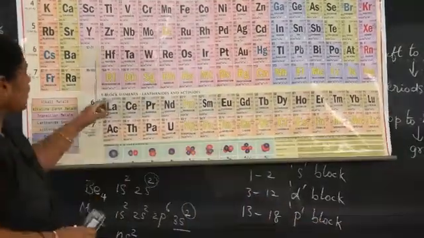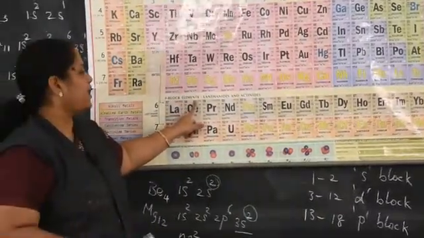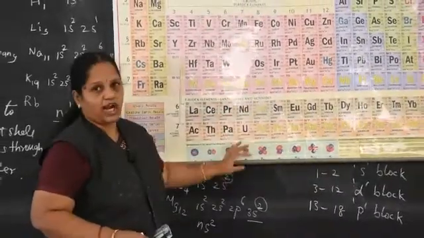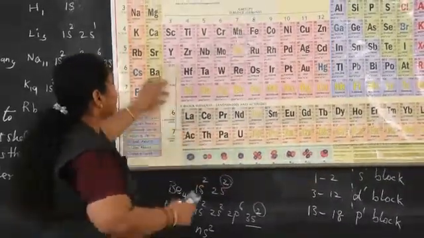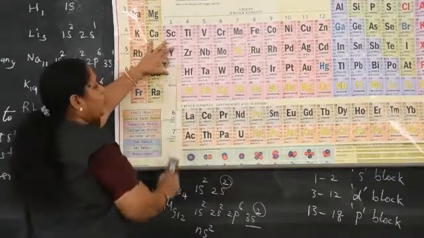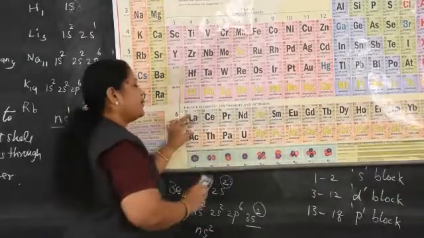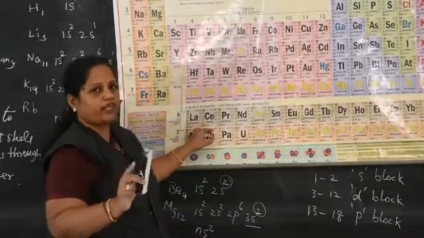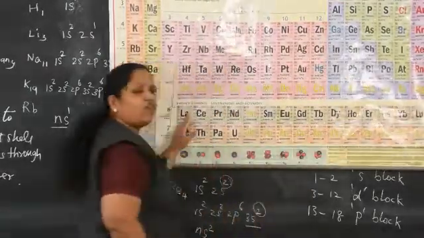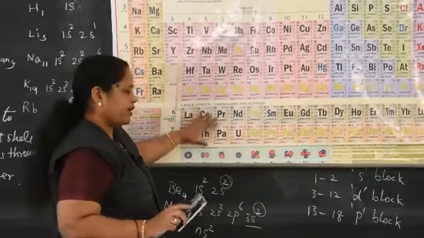And F block elements are otherwise called lanthanides and actinoids. So here see that 57 is lanthanum. Totally how many elements are present in F block? When you write the electronic configuration, these 14 elements end with the f orbital. That's why these are called F block elements.